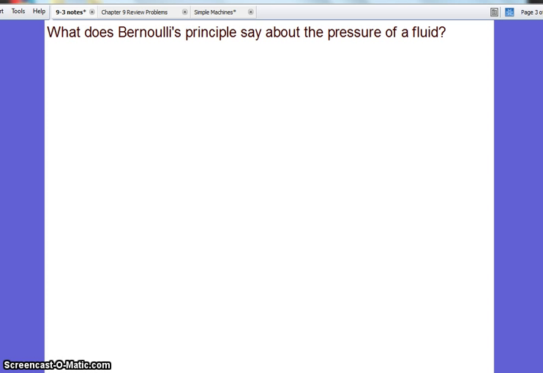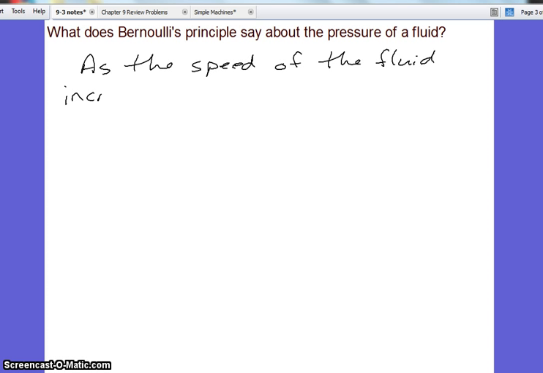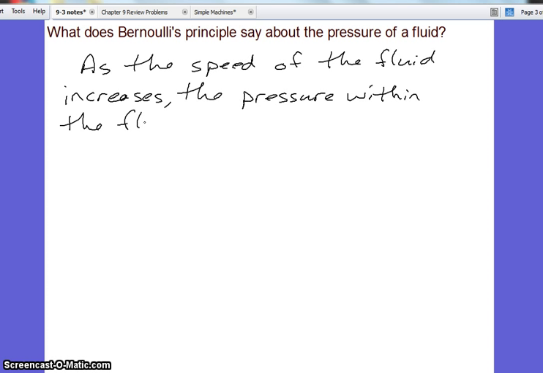Now I want to talk about Bernoulli's principle. Conceptually, Bernoulli's principle says that as the speed of the fluid increases, pressure within the fluid decreases.